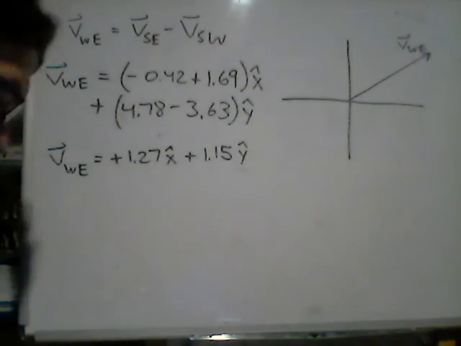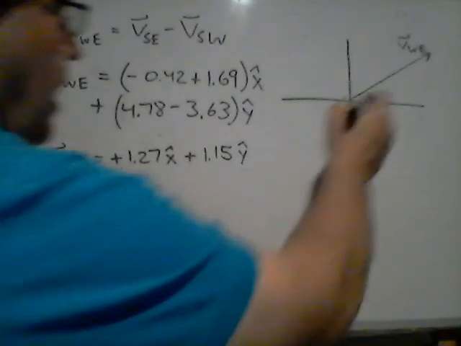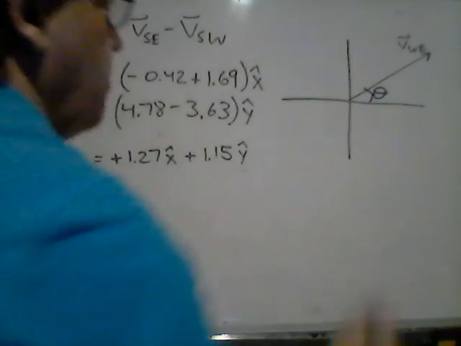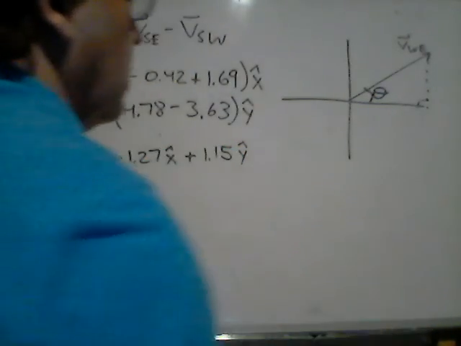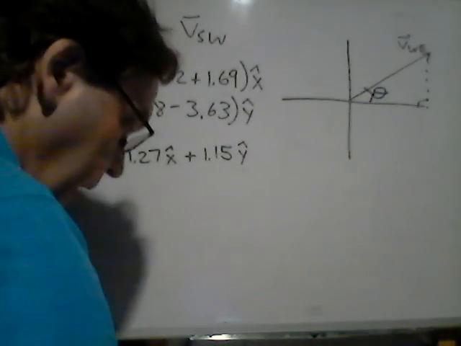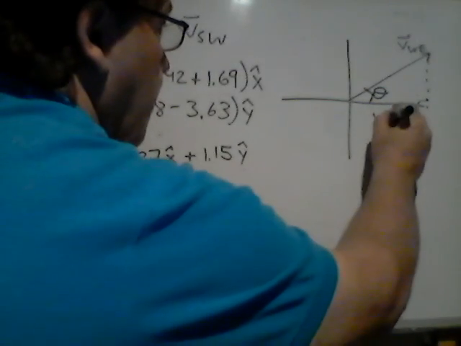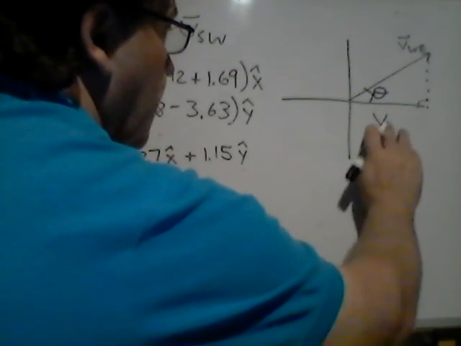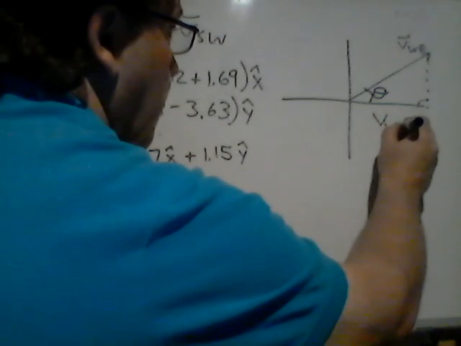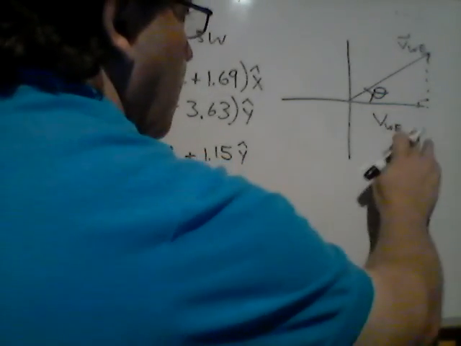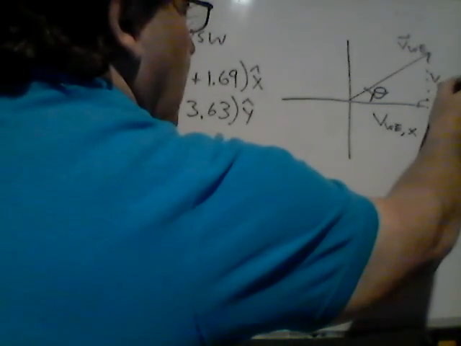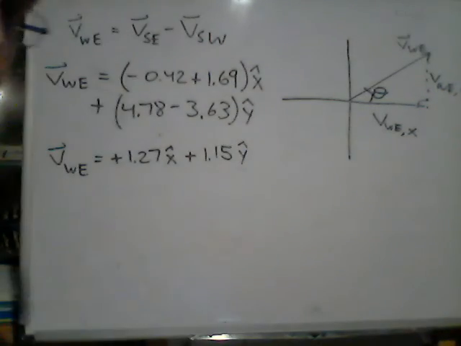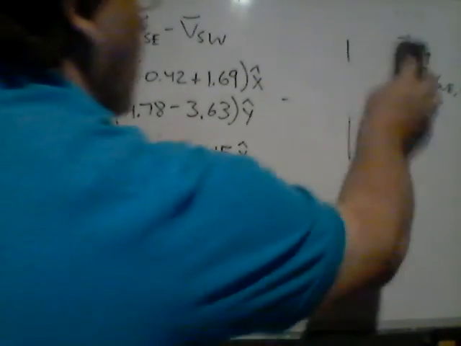Okay. And I will use this as my angle theta, and I will get the components. I do know the components: I know V sub WEX and I know V sub WEY. Maybe I ought to make this a little smaller.